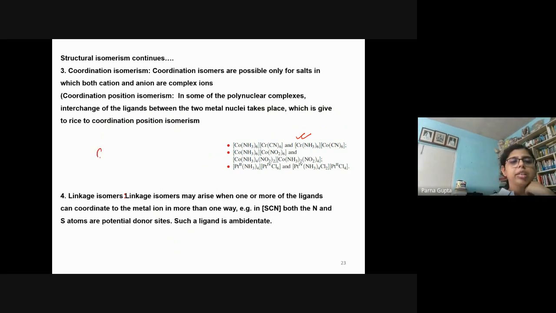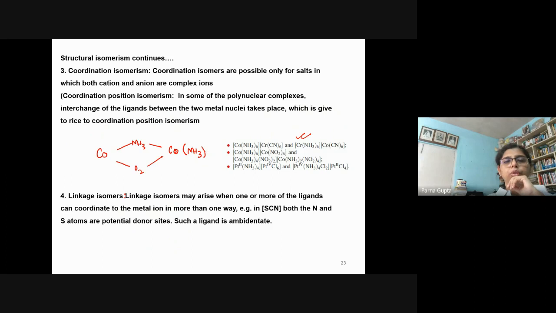Let's say take cobalt and cobalt, any particular. So this is the reaction, and then you have, let's say, NH3, 4, right?